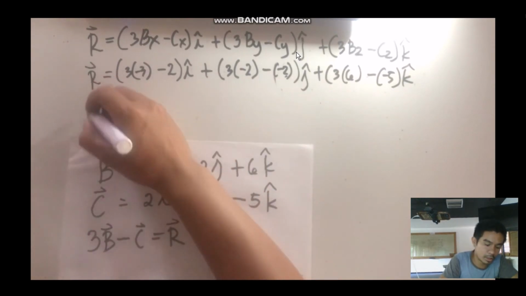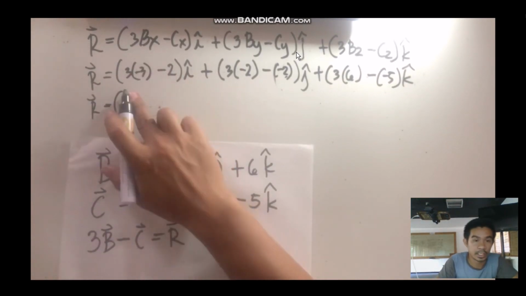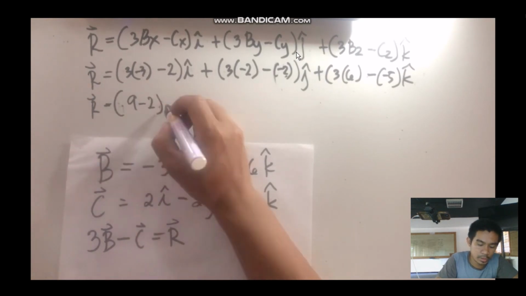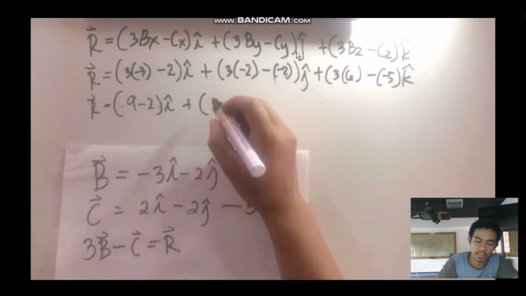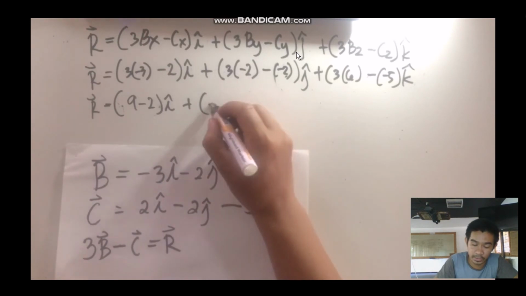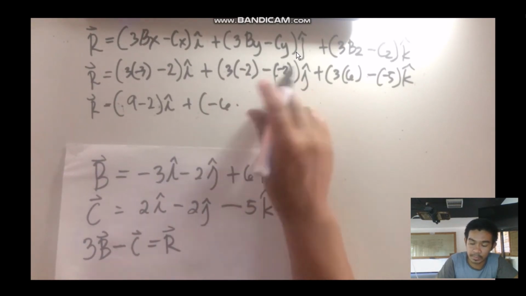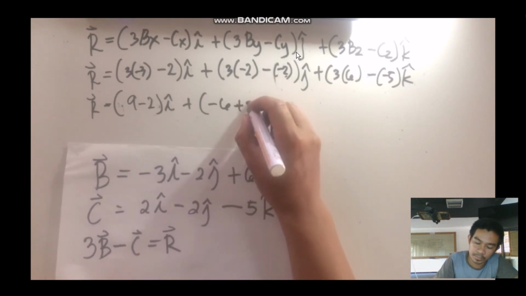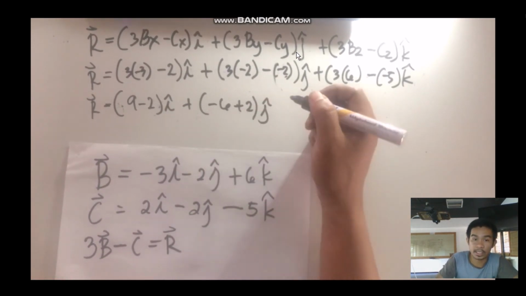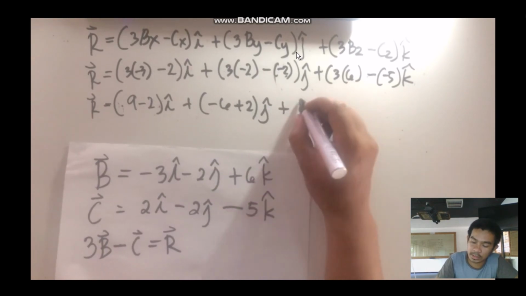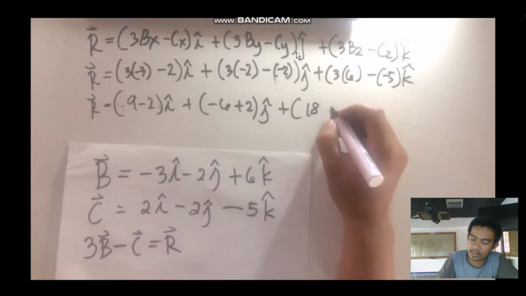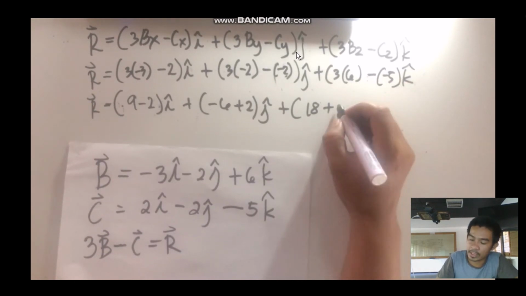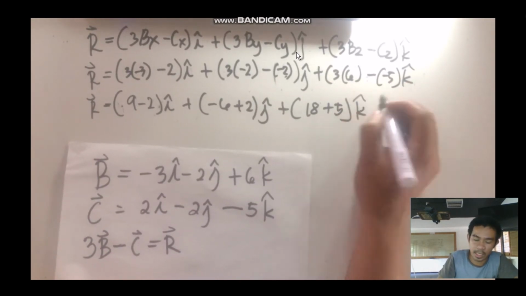So vector R equals 3 times 3, that's 9 minus 2 I hat plus 3 times negative 2 is negative 6, so minus negative 2, and that is plus 2, j hat plus 3 times 6 is 18 plus 5 k hat.